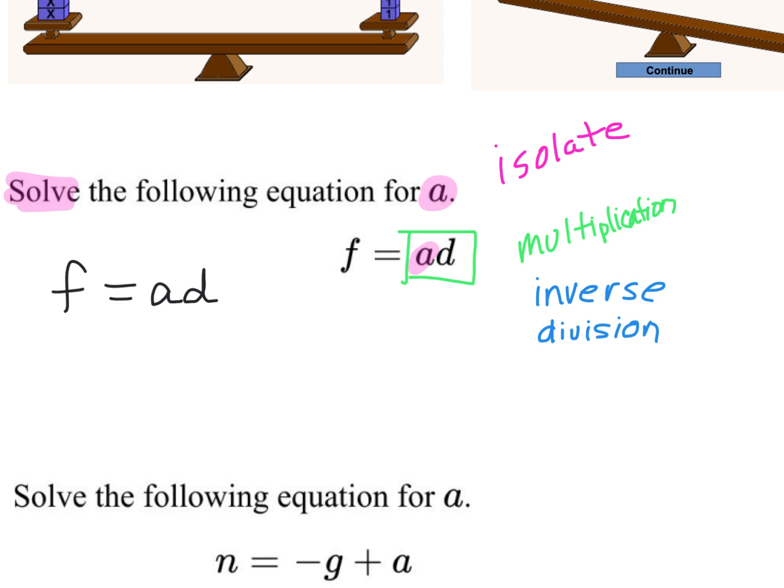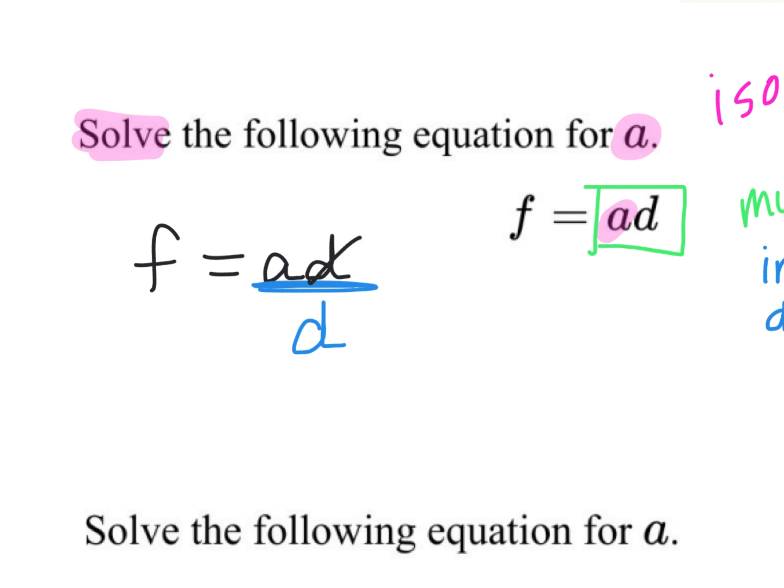I'm going to make a fraction bar and divide off the D. Because I was multiplying by D, but then divided by D, they've canceled each other out. So I have my A nice and isolated, exactly like I wanted.